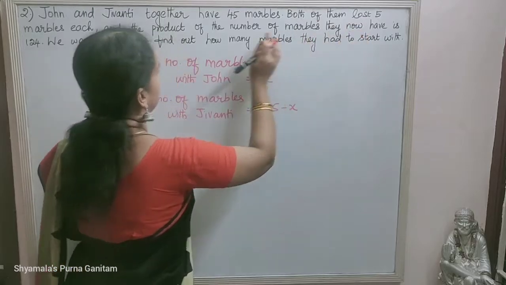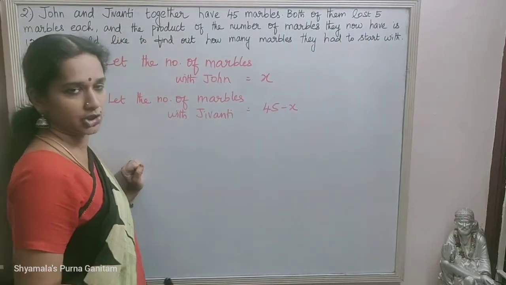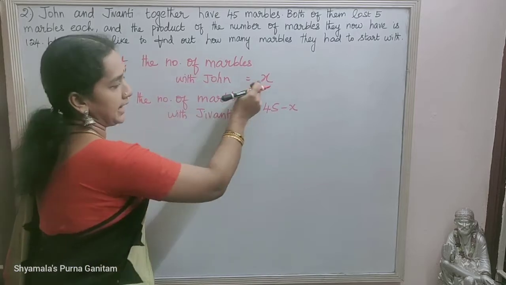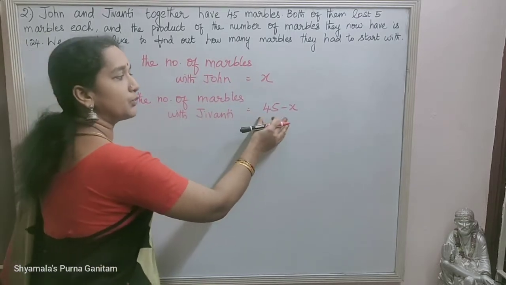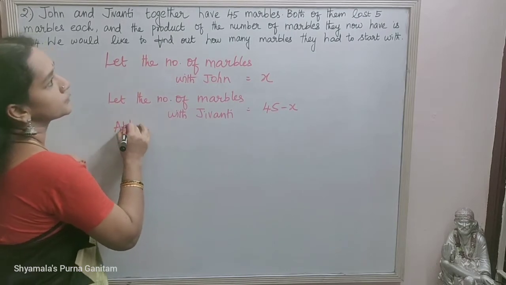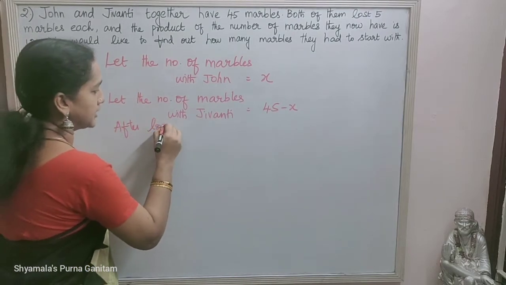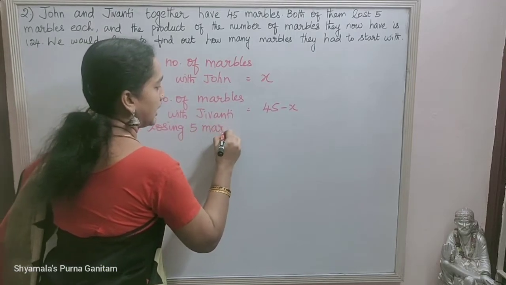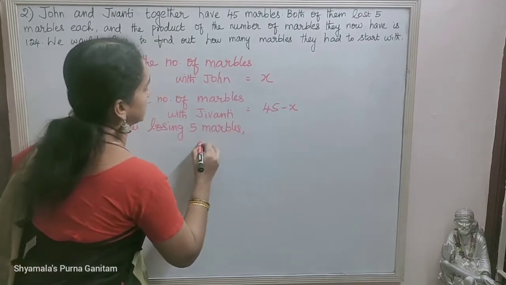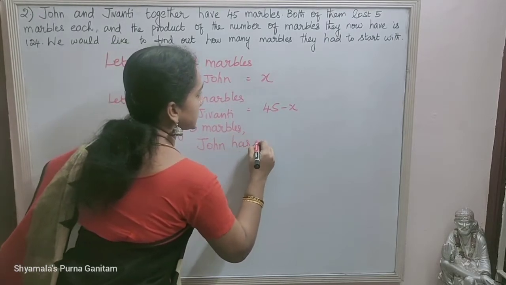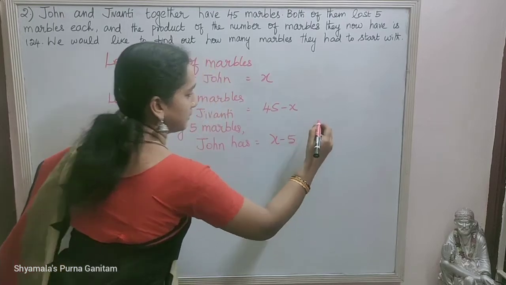Then both of them lost 5 marbles each. So now what is the number of marbles John has? x marbles. Jeevanti has 45 minus x. So after losing 5 marbles, John has x minus 5 marbles.